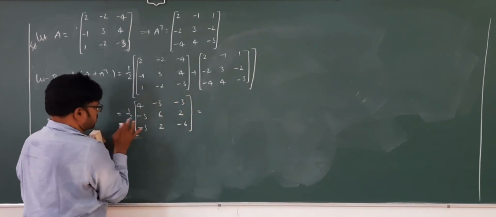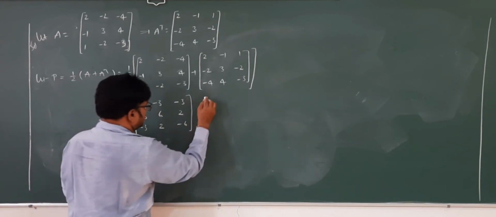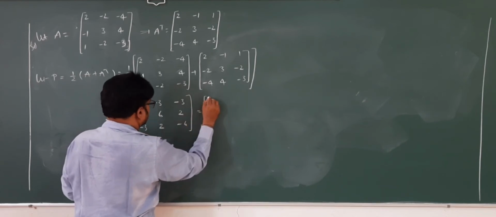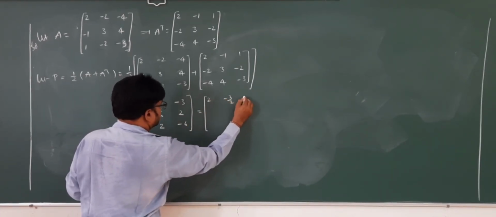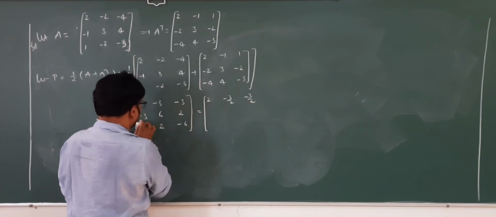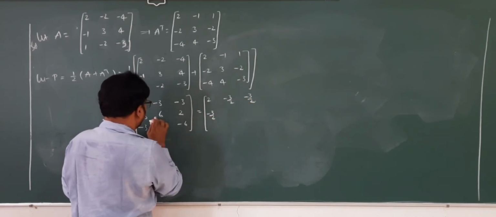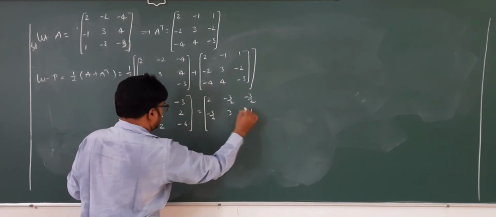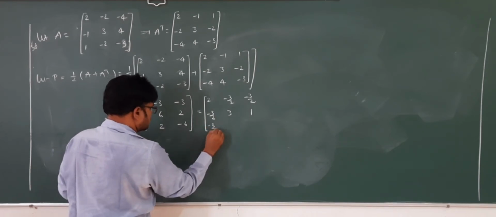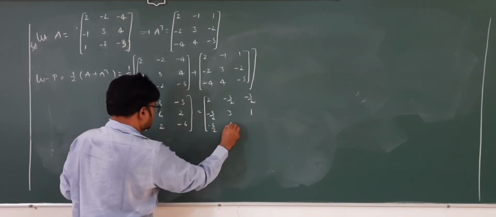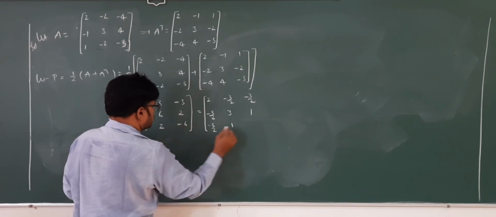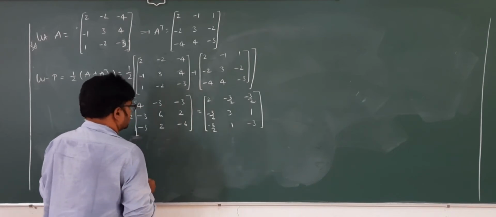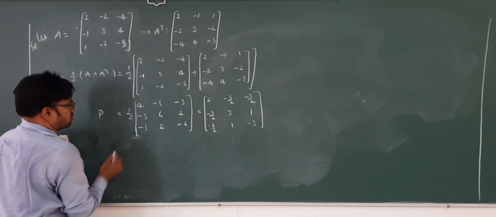So we multiply each and every element with 1/2. Here we get 4 by 2 is 2, -3/2, -3/2, -3/2, 6 by 2 is 3, 2 by 2 is 1, -3/2, 2 by 2 is 1, and -6 into 1/2 is -3. This is the P matrix.